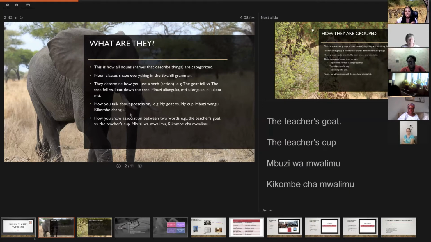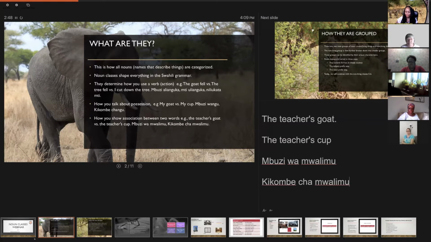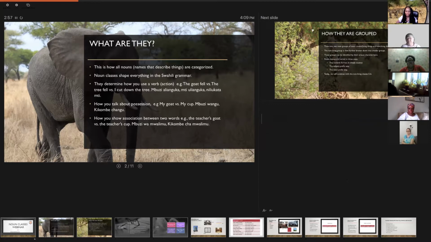Also, it shapes how we talk about possession. I know when you're starting out, you're like, okay, so why on earth? Let me actually write this down because I hear this question a lot from my beginners. They will hear jina langu. And then the next time they'll hear mtoto wangu. They're like, sounds similar. Both of them in English mean mine. Why on earth is one starting with la and then the next wa?